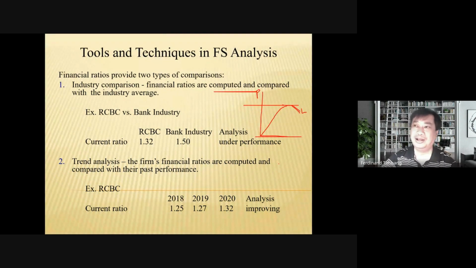Pero hindi siya ganun ka-advanced. Actually, nabibigay ko na sa inyo yung tip lang ng financial management. But it's a good question, and it is always important to look for the right mix of liabilities and equity. Okay?